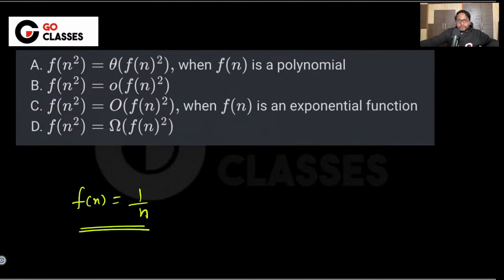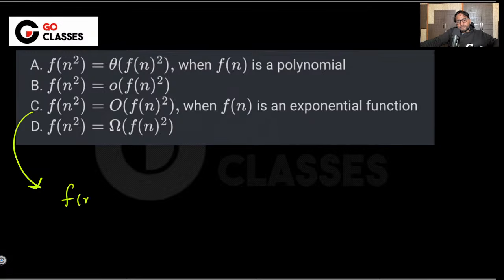What about C? Let's just check. So here they are saying f of n square is basically, here they were saying strictly lesser. Here they are saying lesser than or equal to.